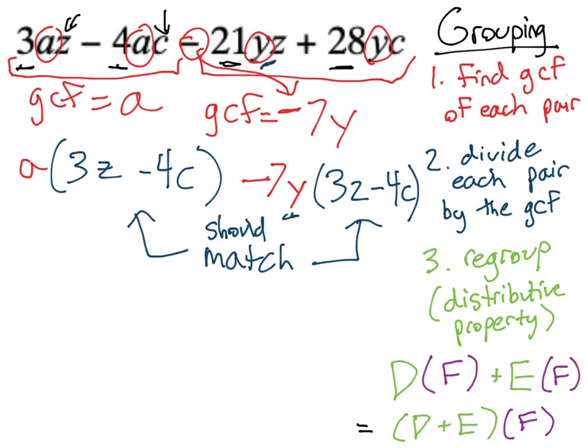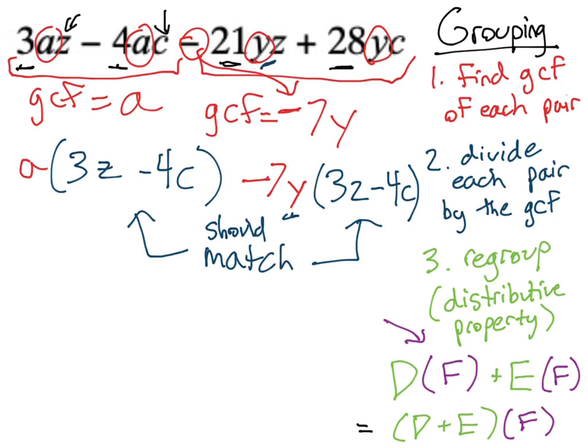If our two groups do not match at this point, then it's possible that we're dealing with a polynomial where factoring by grouping doesn't work, or you might want to go back and check your work again, factoring out those GCFs and see if there's anything you missed that you can divide by. But since in this case, those pairs of terms do match, that allows us to rewrite this using the distributive property, which I have written down here.